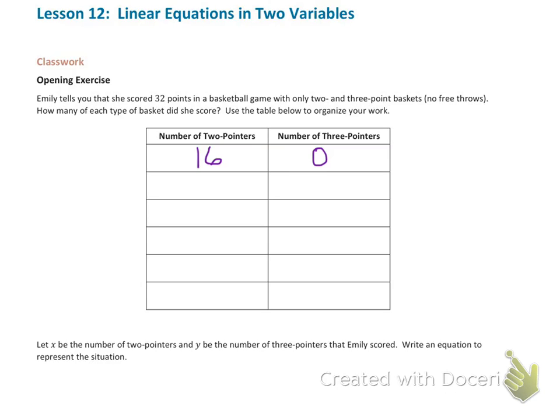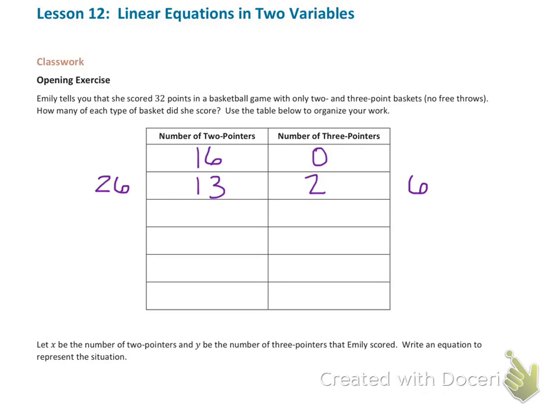So I'm going to give her 2 3-pointers, and if she did that, that would account for 6. So that would leave 26 points that she needed to score with 2-pointers, so that would be 13.